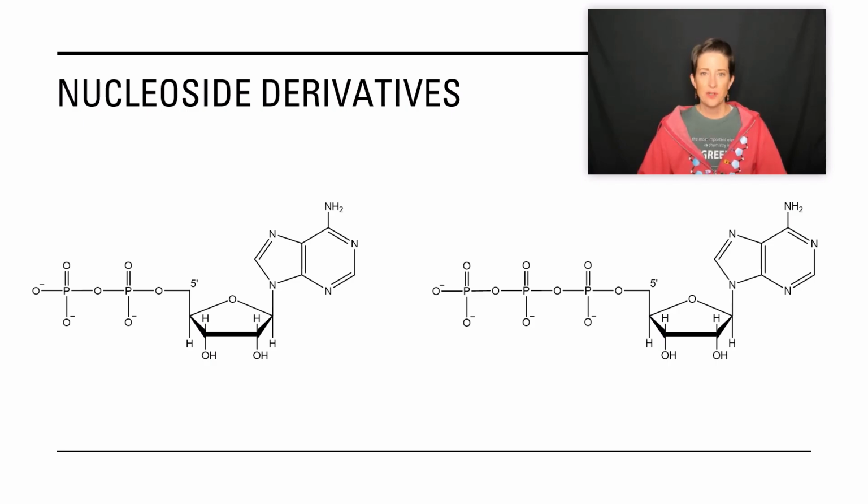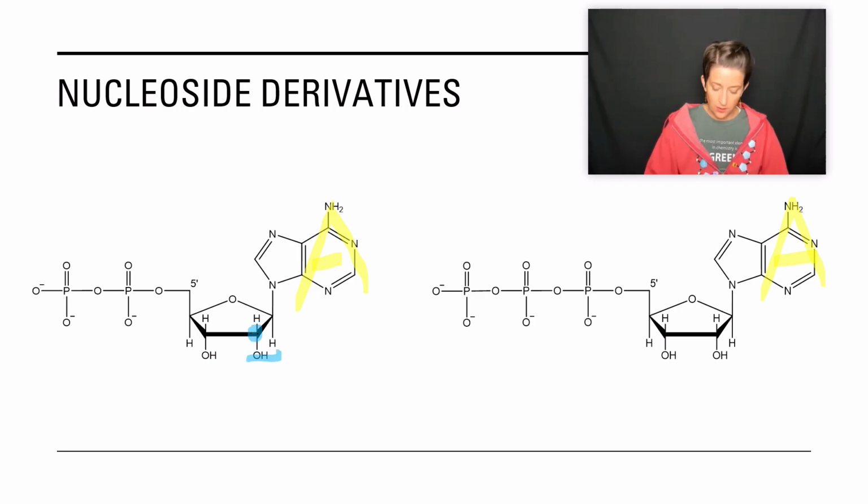Looking at other derivatives of these nucleosides. Here, in each of these structures, we are still working with that adenine nitrogenous base. Our sugar, looking at carbon 2, are now ribose sugars.